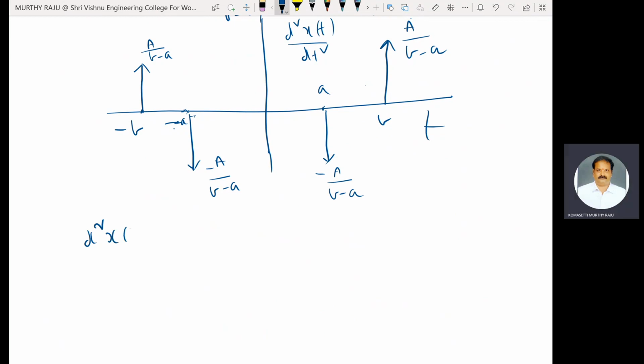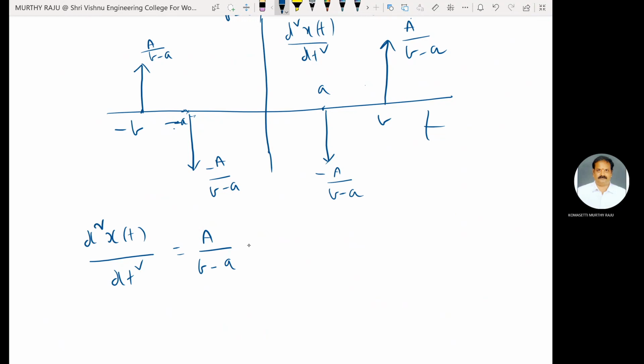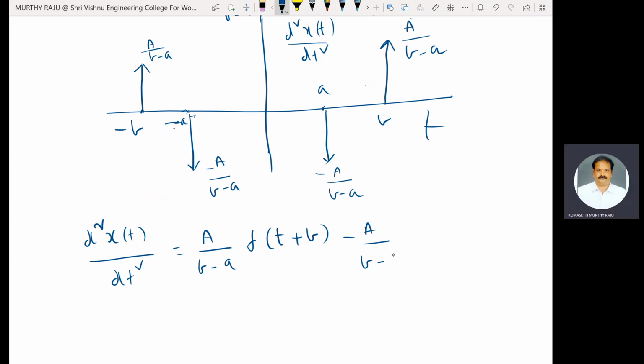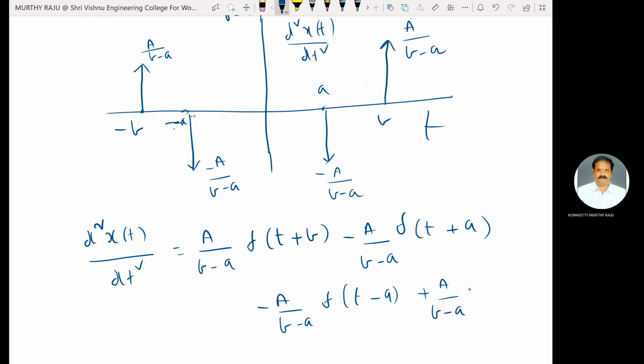d square x of t by dt square is equal to, the amplitude value a by b minus a into dou of t plus b, minus a by b minus a dou of t plus a, minus a by b minus a dou of t minus a, plus a by b minus a dou of t minus b.